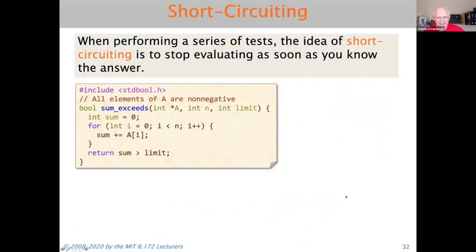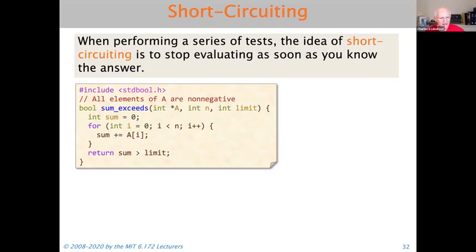There's another related strategy, which is called short-circuiting. The idea of short-circuiting is to simply stop evaluating as soon as you know the answer. So here's code that adds up a bunch of numbers and then asks whether that sum exceeds a limit.